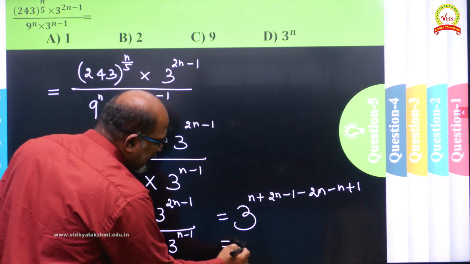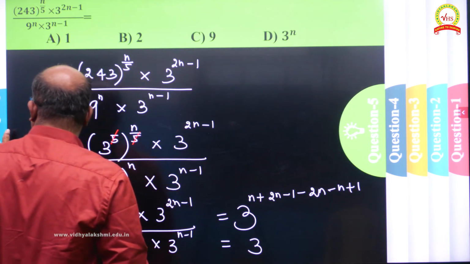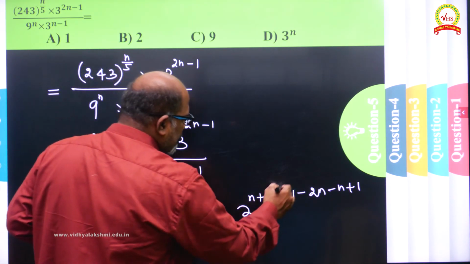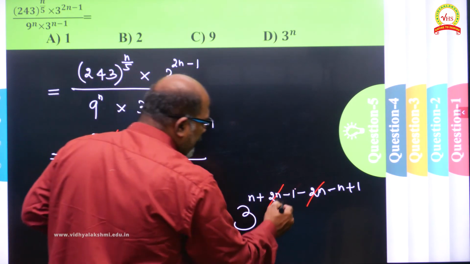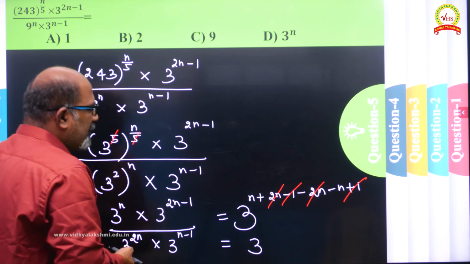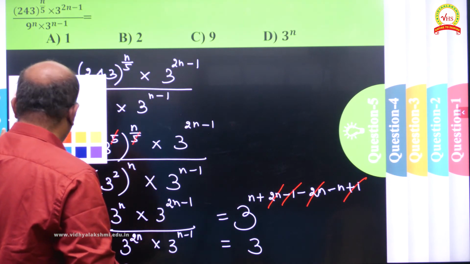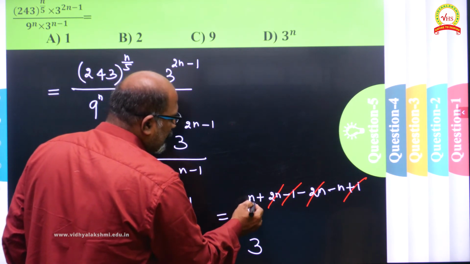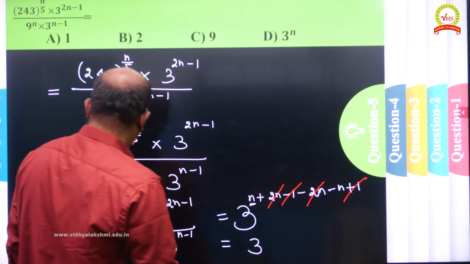Now, you can see that 3 to the power of... here also I can make one cancellation. This plus 2n and this minus 2n will be cancelled, and also this minus 1 and plus 1 will be cancelled, okay. Then, what is the remaining part I am having here? Yes, you can see that n and this minus n.